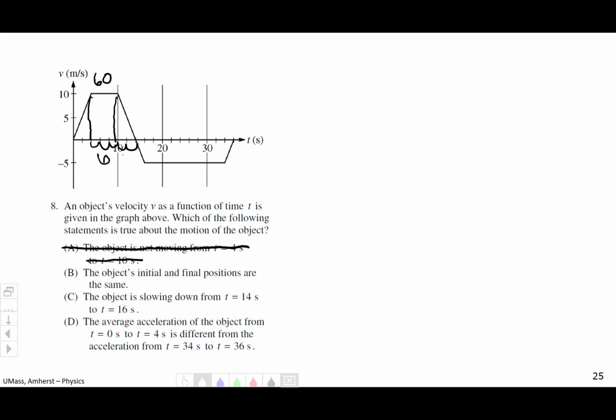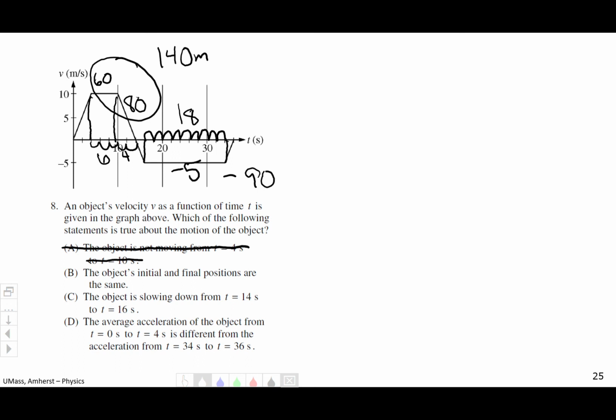No, I'm not. So 1/2 base times height, okay, that's 80. So this total is going to be 140 meters. In here, we have 2, 4, 6, 8, 10, 12, 14, 16, 18 times negative 5, giving us a total of negative 90, right?